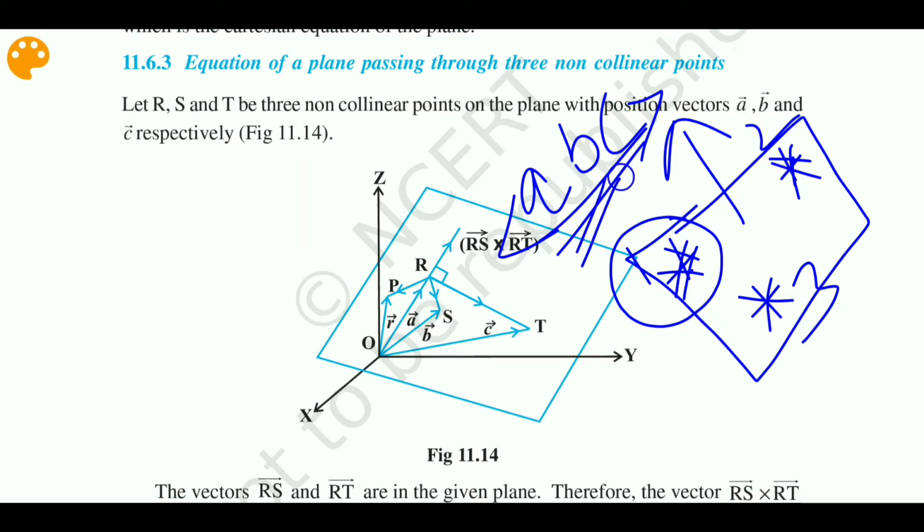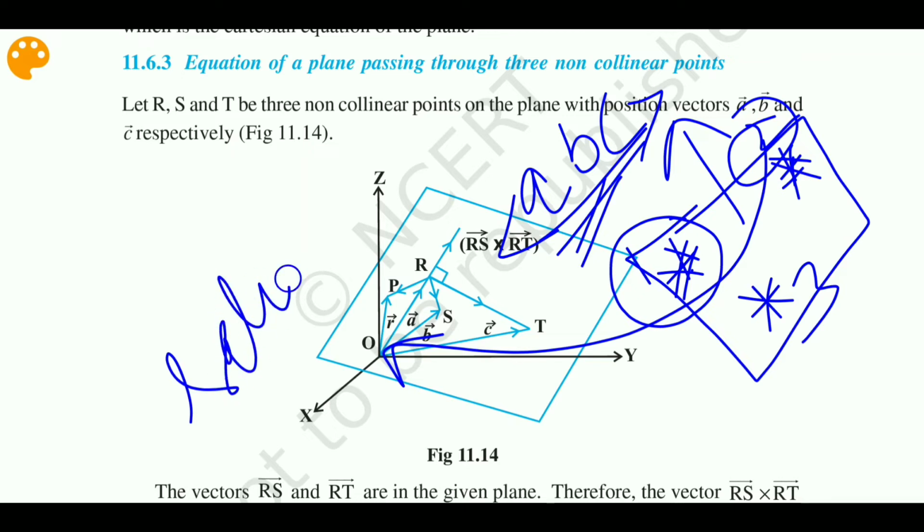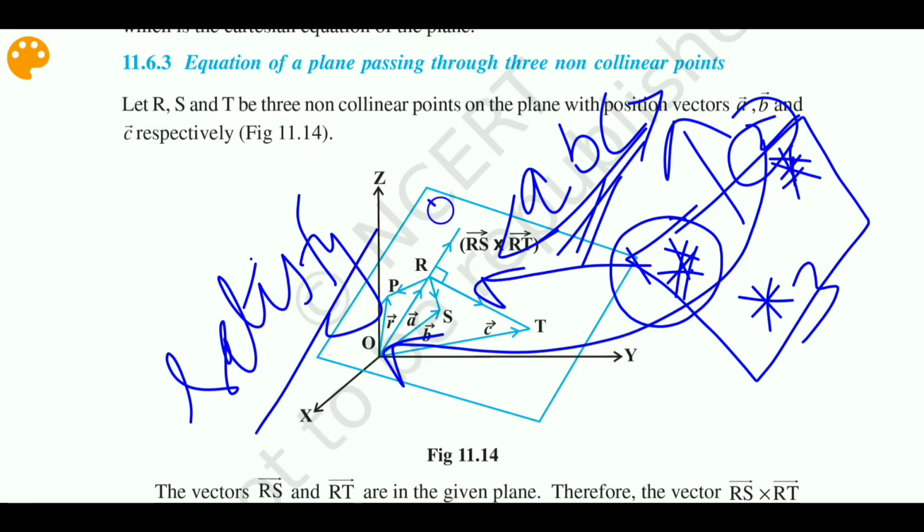After that, point number 2 is also present on the plane. So this plane will also satisfy the equation of the plane which is formed by using point number 1.